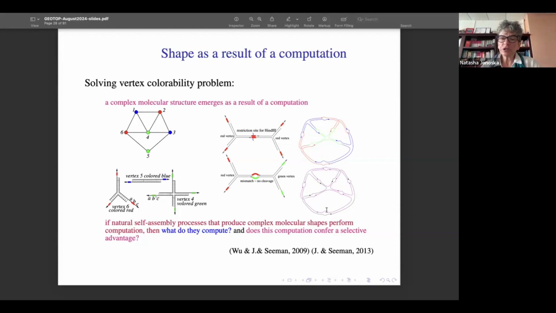So in the design, we made this purple strand that traverses the graph such that every edge is traversed by this strand, not the whole graph, but every edge of the graph.